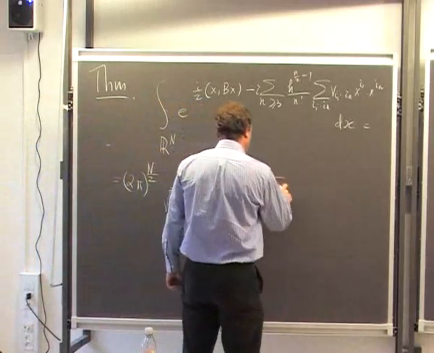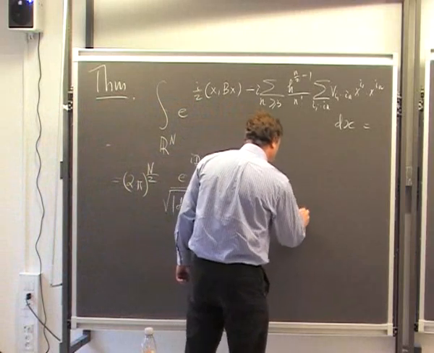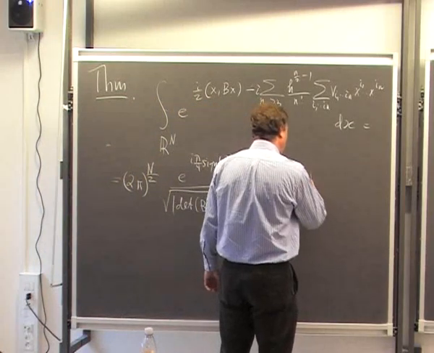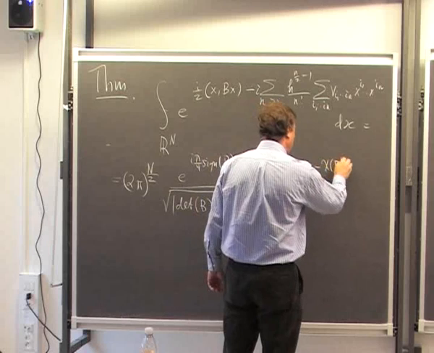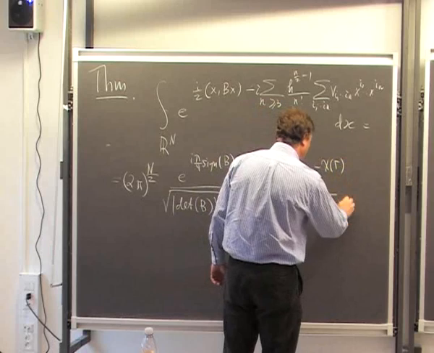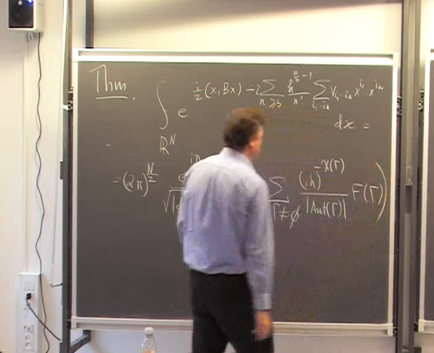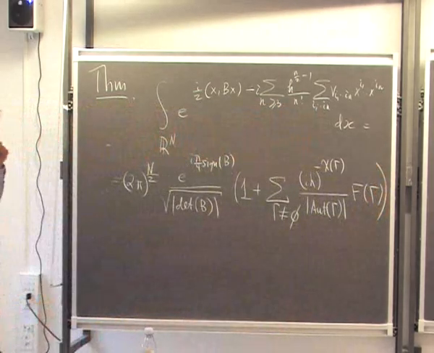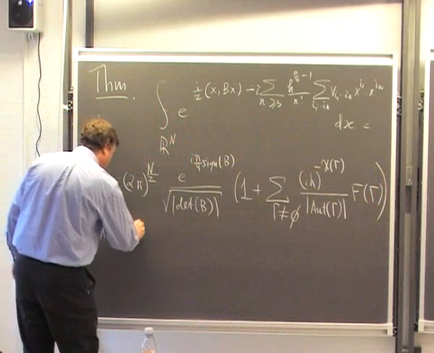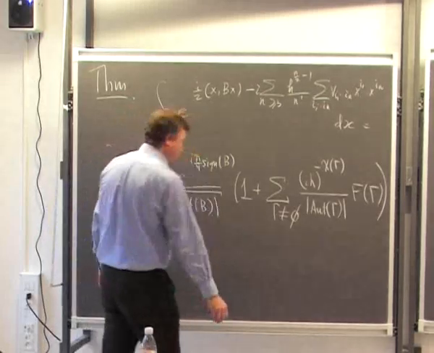But then the next contribution is the sum over non-empty graphs, h to the power of minus the Euler characteristic of the graph, divided by the number of automorphisms of gamma, and then the weight of the graph gamma. So here there's the number of vertices minus the number of edges.